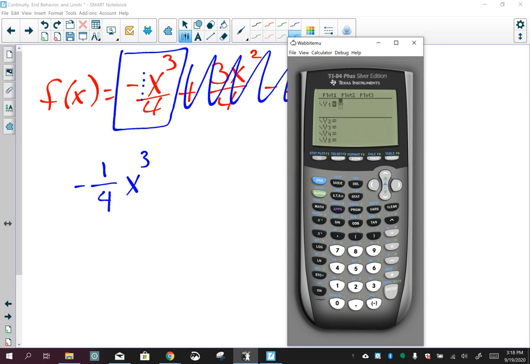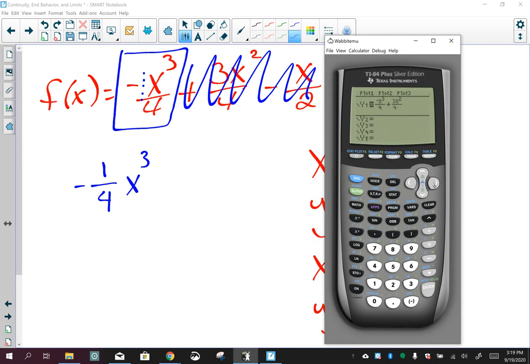So we have negative x to the third all over 4 plus 3x squared all over 4 minus x over 2.